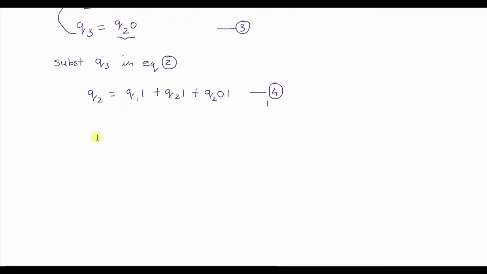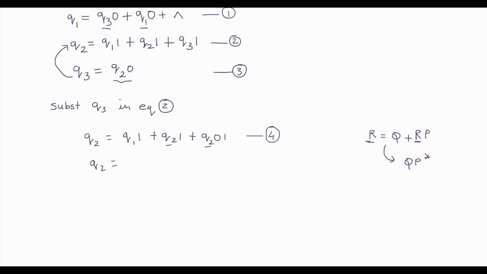Now further, my aim is what? Always I need to find out whether I get a term of this type, R equal to Q plus RP, where R is repeated, so that this can then be written as QP star. Q2 equal to Q1 1 plus, you remove Q2 out, so what you get inside is 1 plus 0 1.